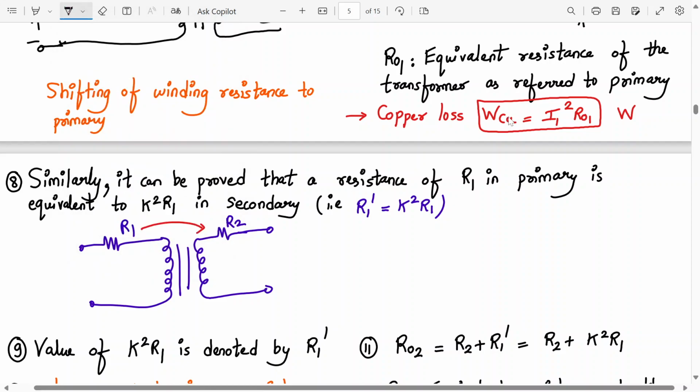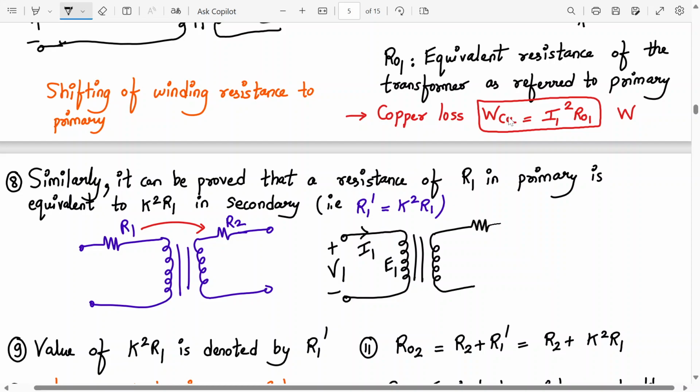So here I will have a transformer, plus minus V1, current is I1, this is E1, laminated core. The resistance R1 transferred to the secondary is called R1 dash, and in series you have R2, the resistance of the secondary winding.